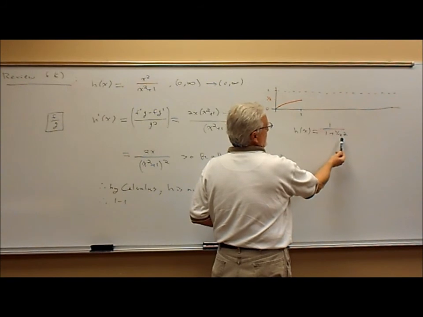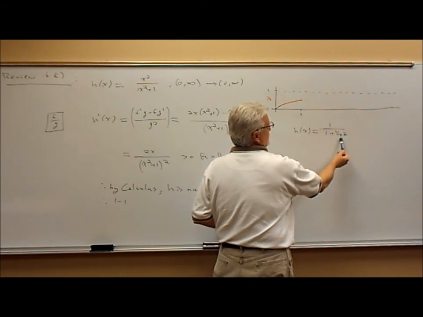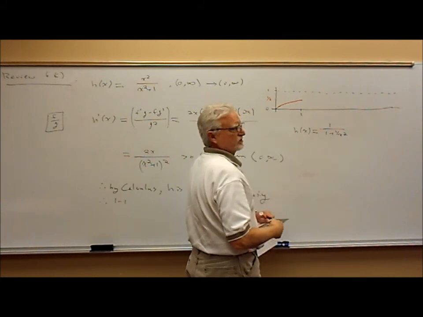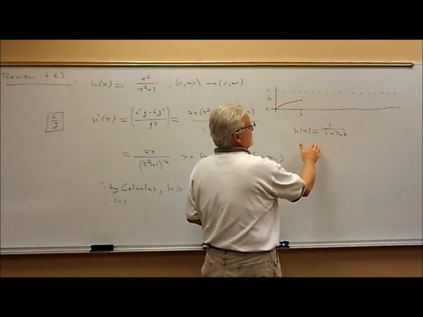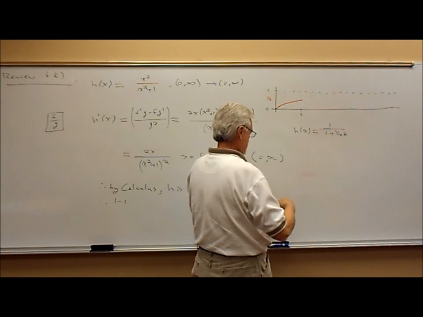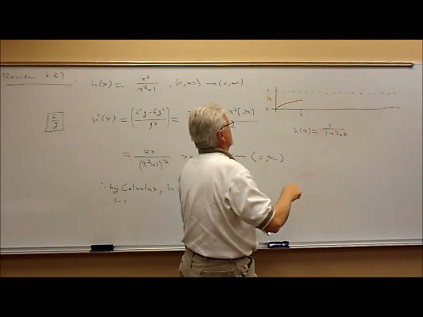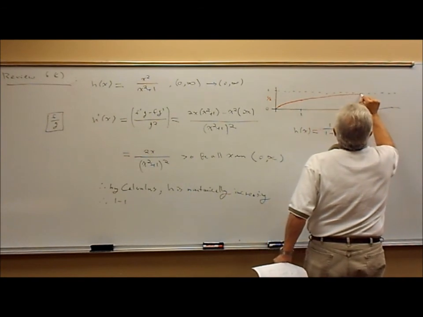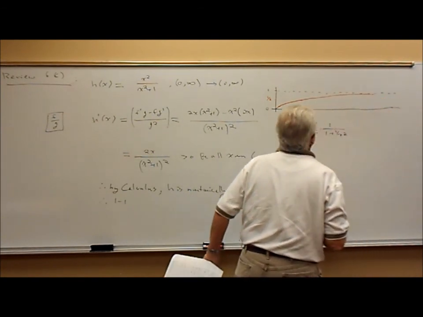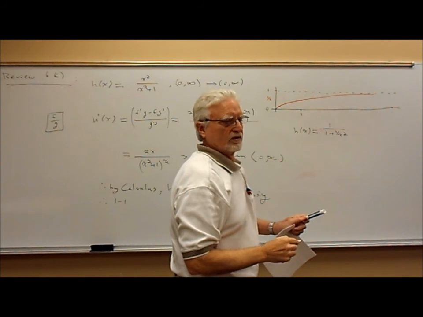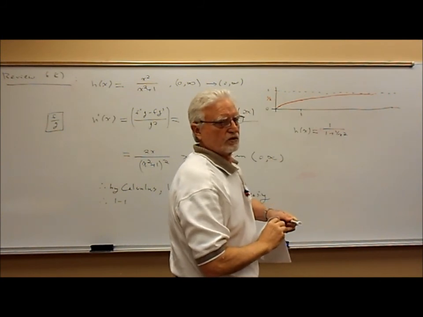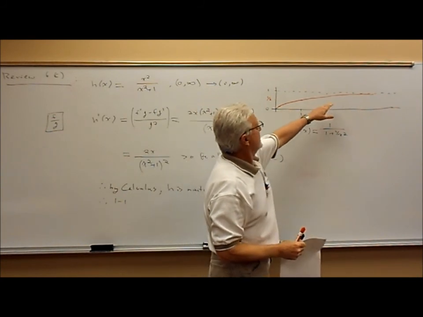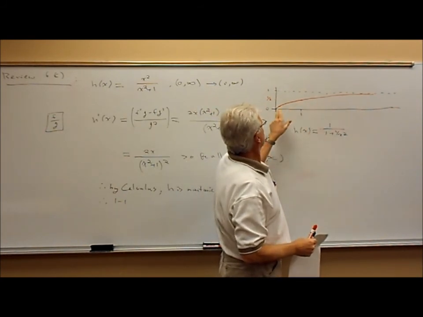When x gets large, this term is going to 0, and these are, of course, constant. So it's approaching 1 slowly from below as we go to infinity. So this curve keeps on going like this, asymptotically, never reaching 1, but never ceasing to approach 1 as you get towards infinity.